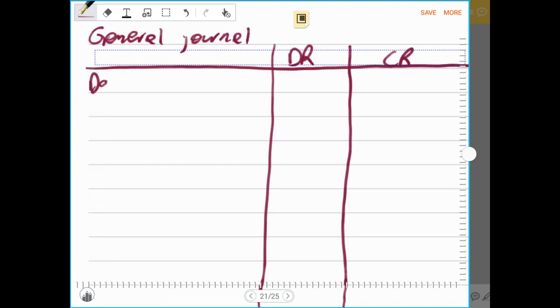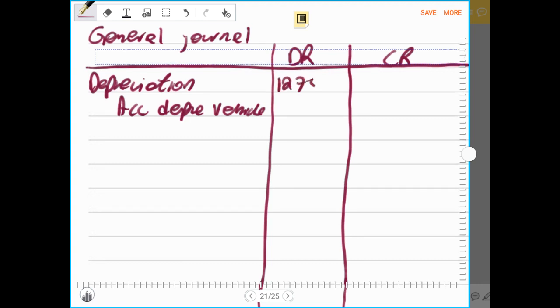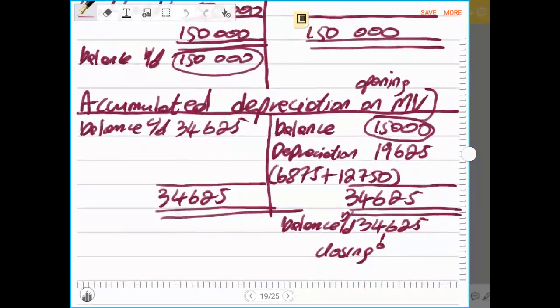We record depreciation for the first vehicle, and the contra entry will be accumulated depreciation for vehicles, and we calculated that to be 12,750 rands, and that will again be 12,750 rands.